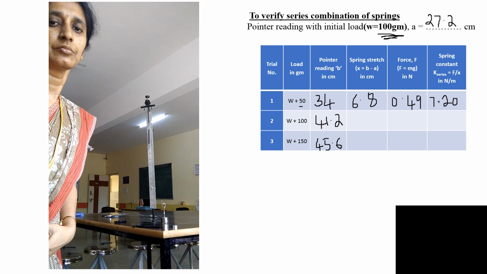Similarly, calculate for the other readings, that is 41.2 minus 27.2, which is 14.